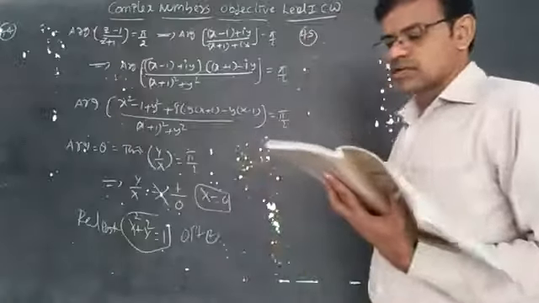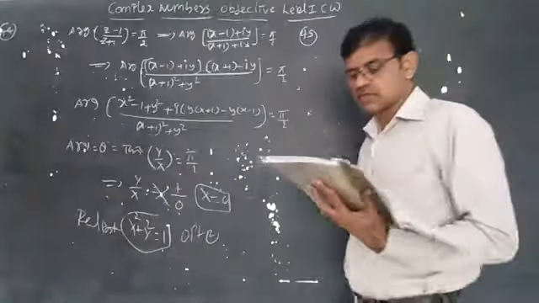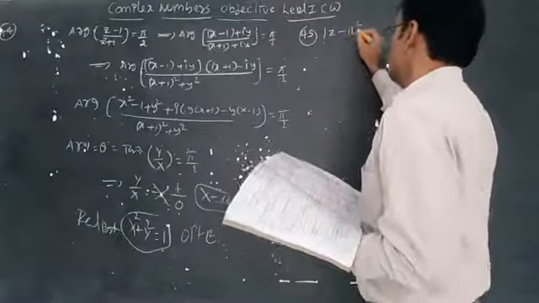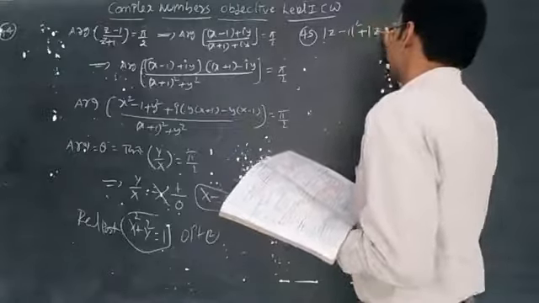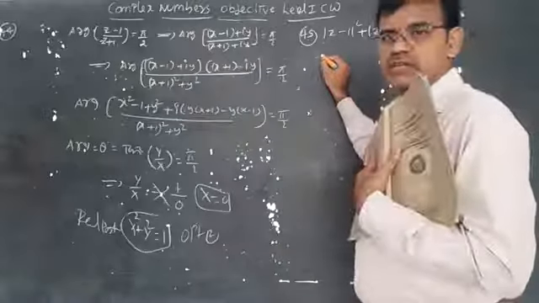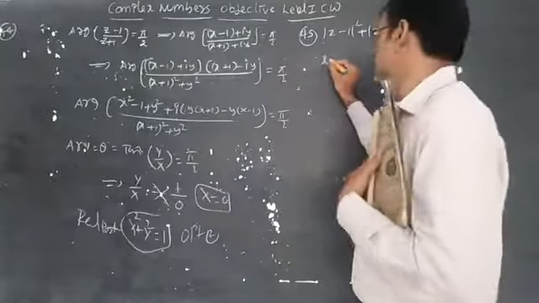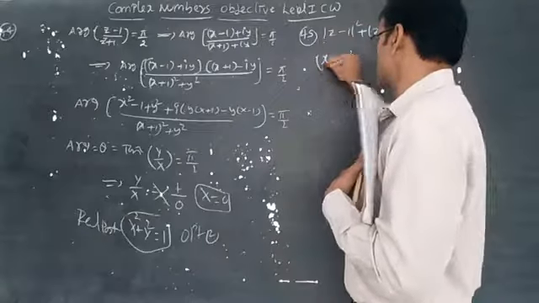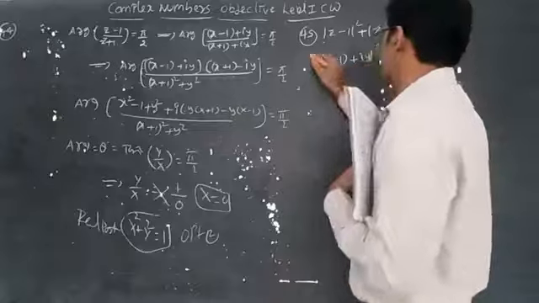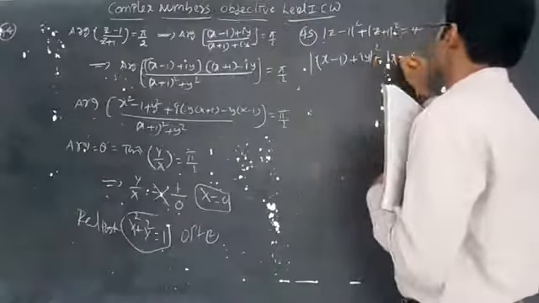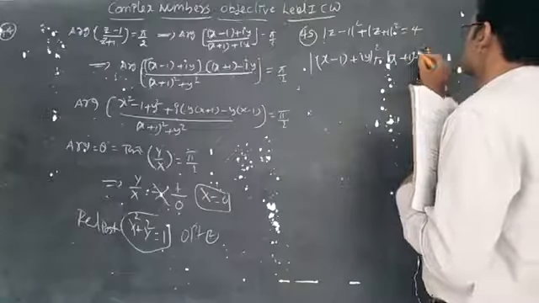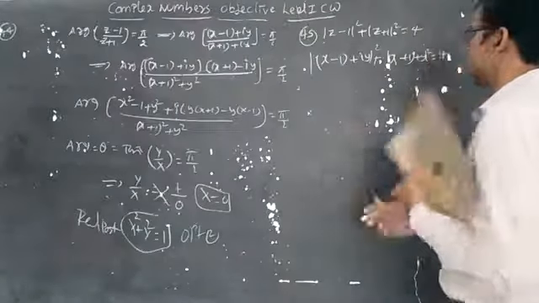P represents z is equal to x plus iy in the argument when modulus of z minus 1 whole square plus modulus of z plus 1 whole square is equal to 4. If z is equal to x plus iy is any complex number, then substitute here x minus 1 plus iy over modulus whole square, plus here also x plus 1 plus iy over modulus whole square equal to 4.